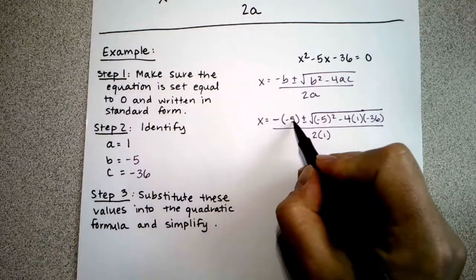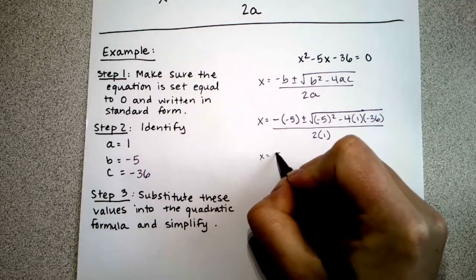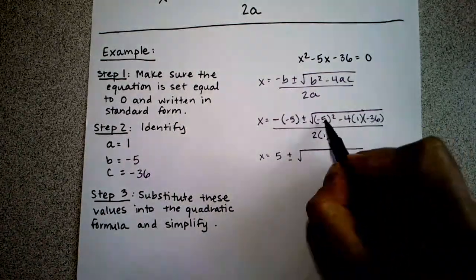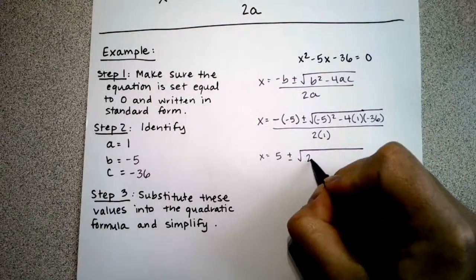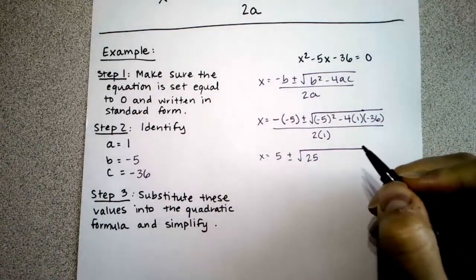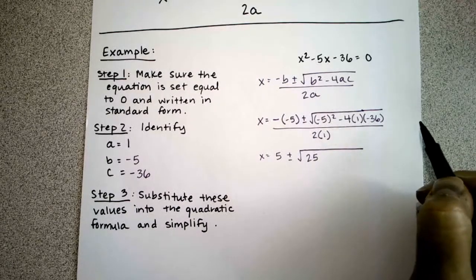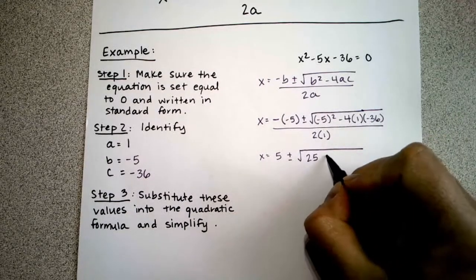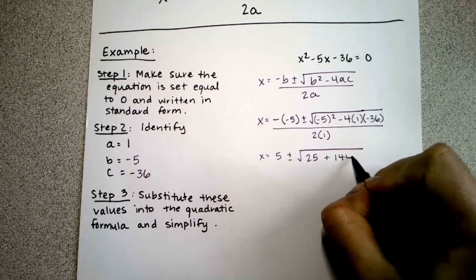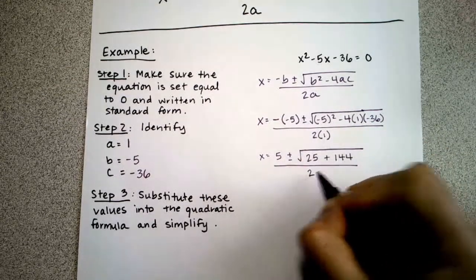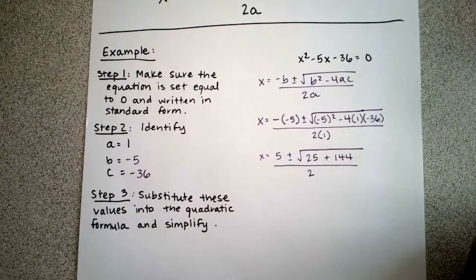So negative negative would be positive, so that's positive 5, plus or minus the square root of negative 5 squared is positive 25, negative 4 times 1 times 36 is positive 144, over 2 times 1 is 2. Now we have to simplify a little more.